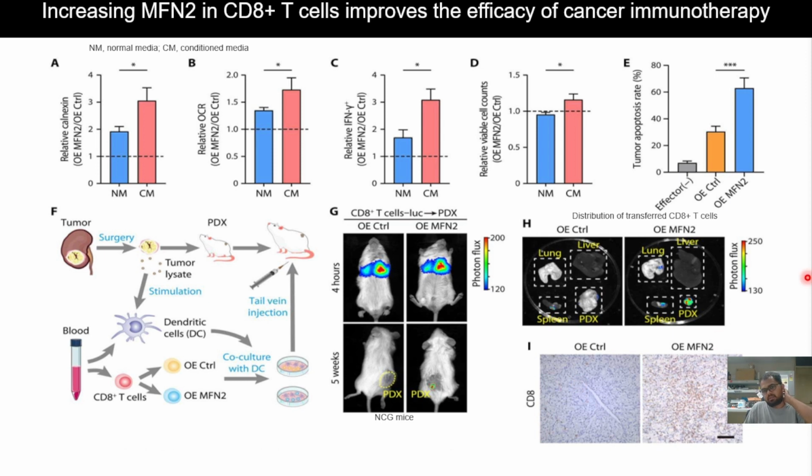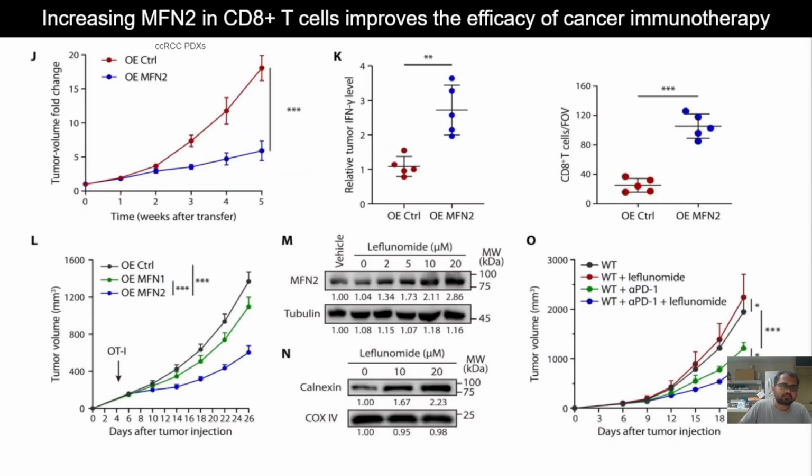So this is suggesting that when you increase the MFN2 expression, there is increased activity of CD8 T cells and a decrease in the tumor. If you knock out the MFN2, there is a decrease in the activity of CD8 T cells and an increase in the tumor. So this is the line of observation they are following in this paper.